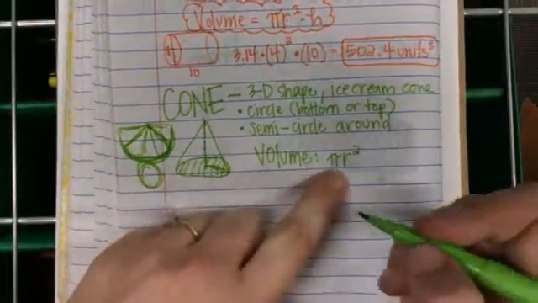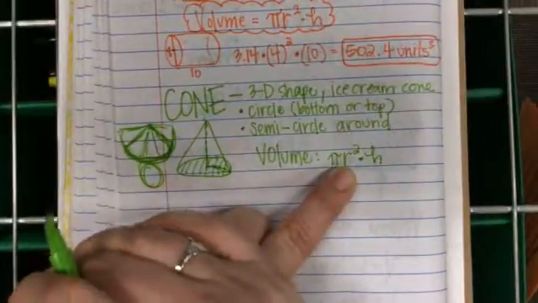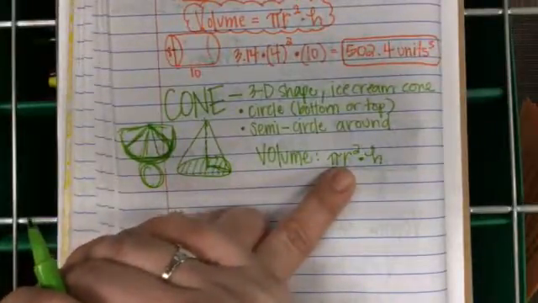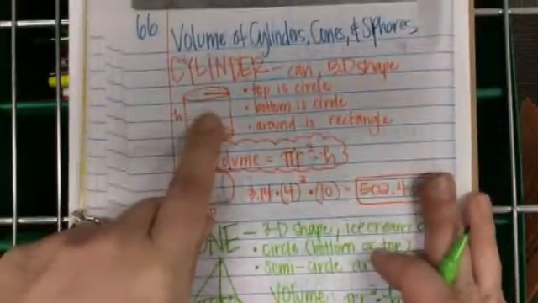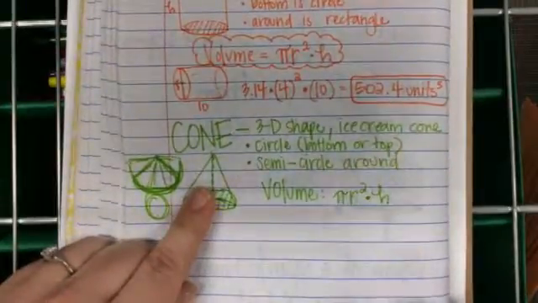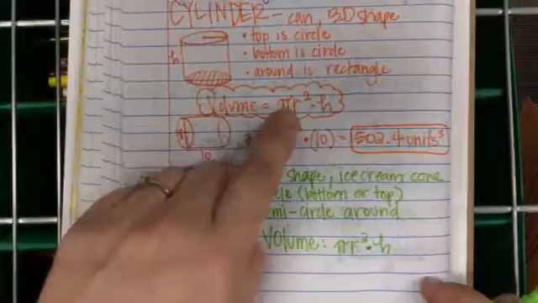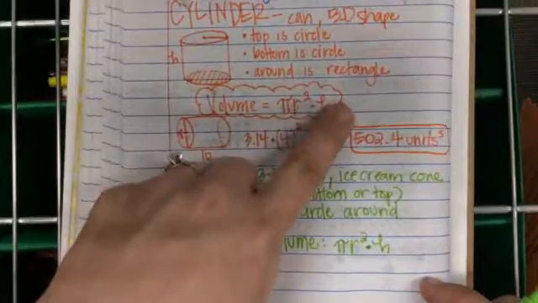So it's pi r squared times the height. But if you had a can and you cut away the sides, you could make a cone, correct? So we start with the volume of a cylinder, pi r squared times height.